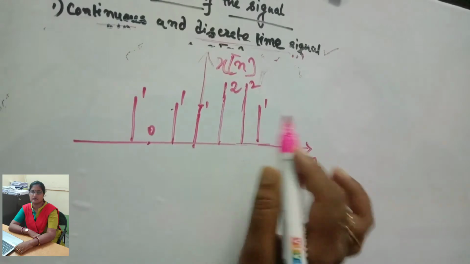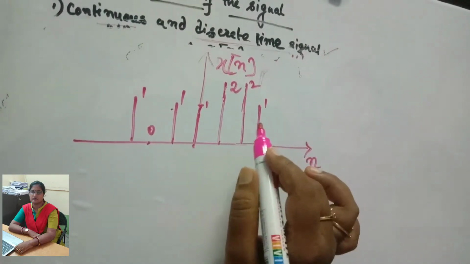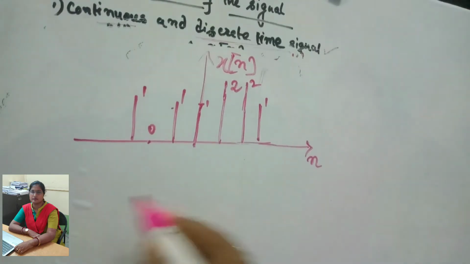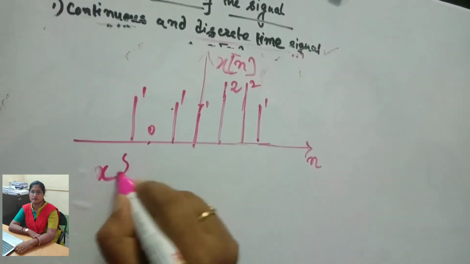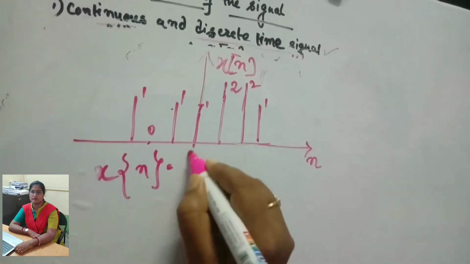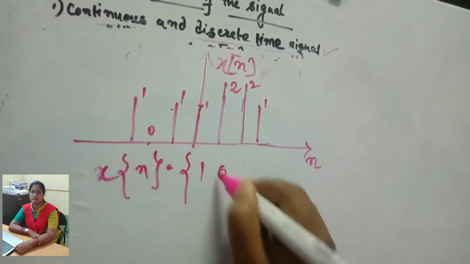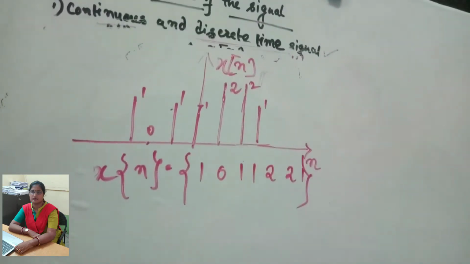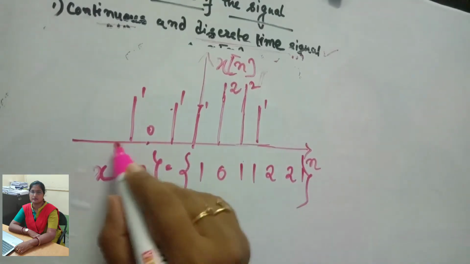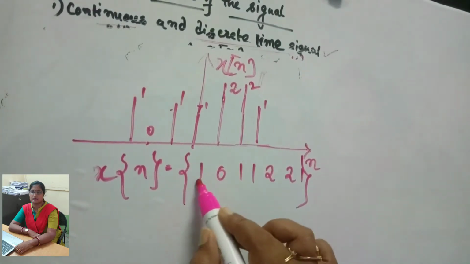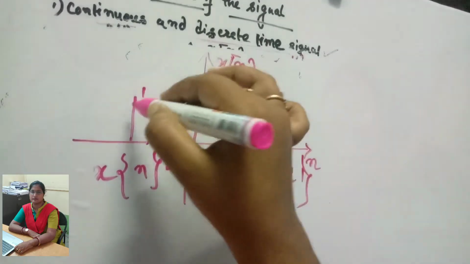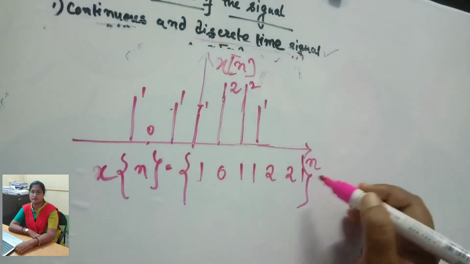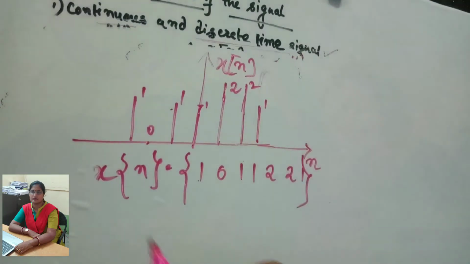If we represent this plot as an equation, from this plot we can write x[n] equals 1, 0, 1, 1, 2, 2, 1, starting from left to right. We have to write all these amplitude values of x[n] from left to right.